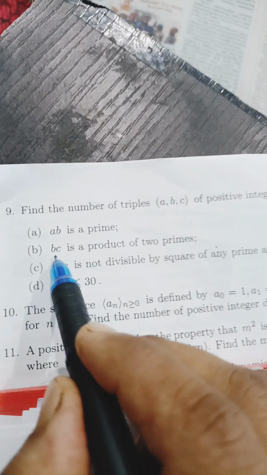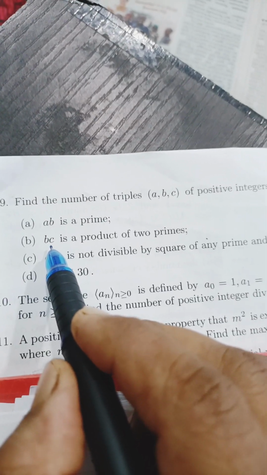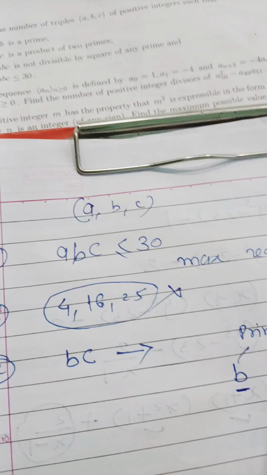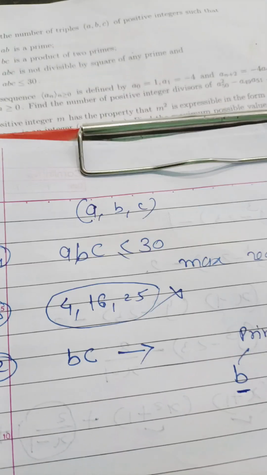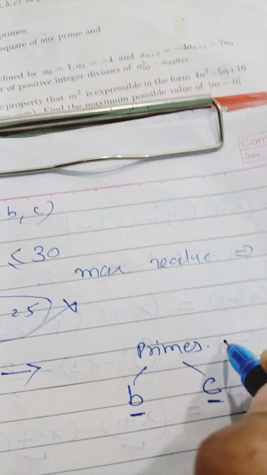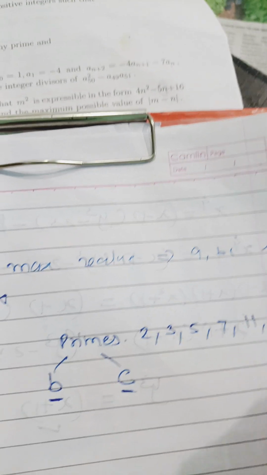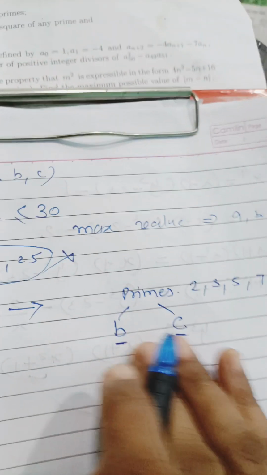See, you have to understand, we don't want the product to be prime. We want BC to be a product of two primes, means these two should be prime. Okay. So what are the possible values for primes less than 15? 2, 3, 5, 7, 11 and 13. So these are the possible values for B and C.